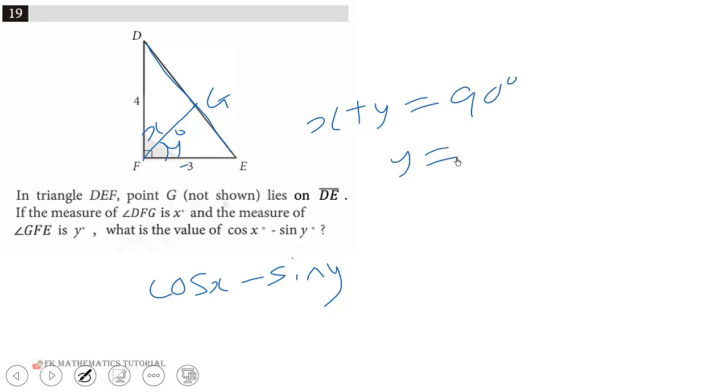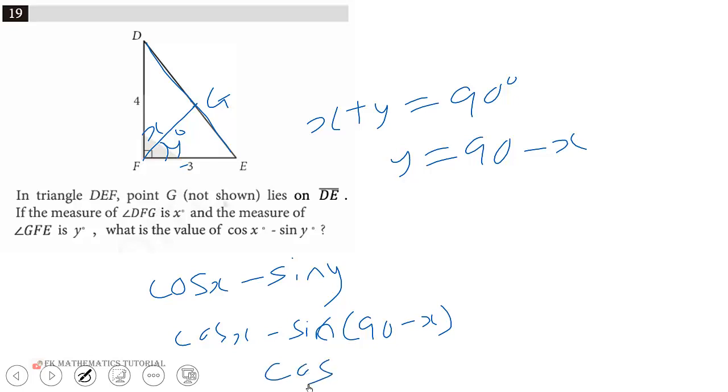So y is equal to 90 minus x. So cos x minus sin of (90 minus x). Now sin of (90 minus x) is equal to cos x. So we have cos x minus cos x, which is equal to 0.